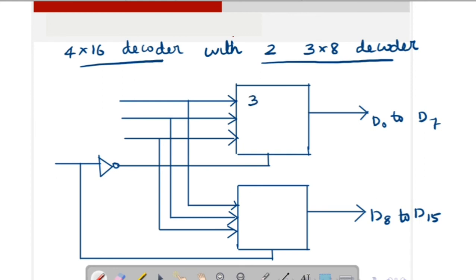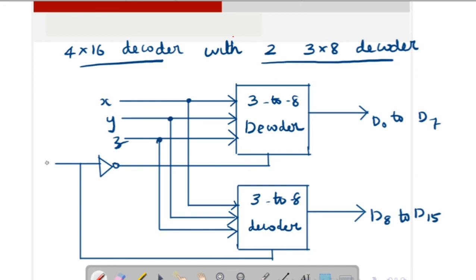So this is a 3 to 8 decoder, and here this is also a 3 to 8 decoder. 3 inputs X, Y, Z for both of them. Then this one is the enable input.